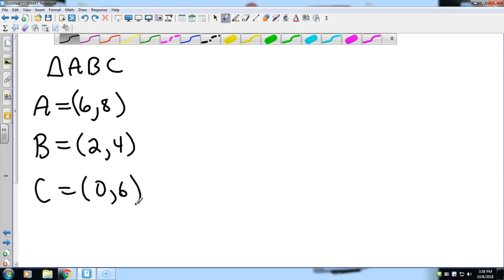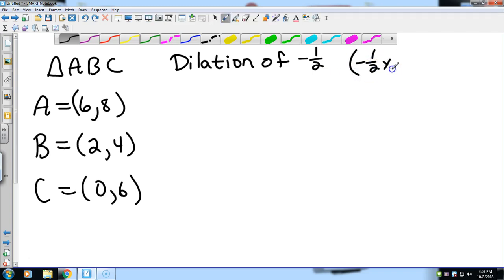Let's say that I did a dilation of -1/2. And so just like in the other one, what that means is I'm going to take -1/2 times x and -1/2 times y.